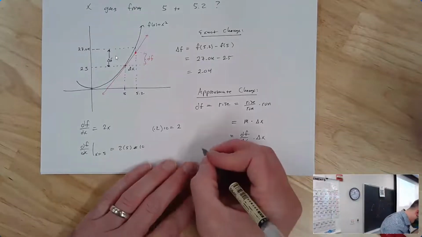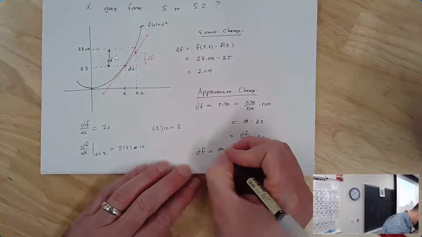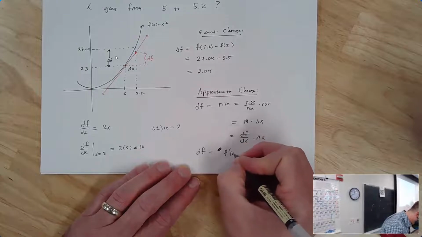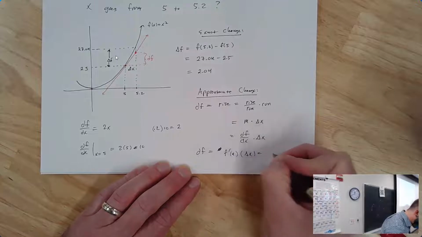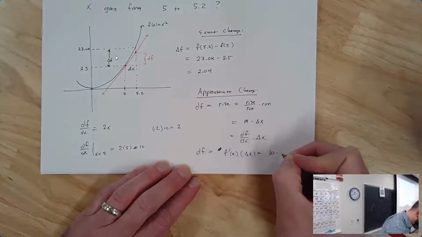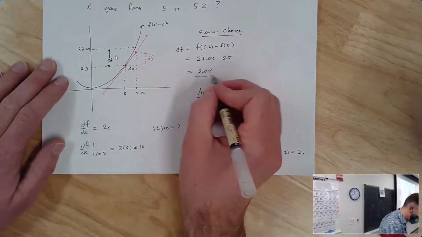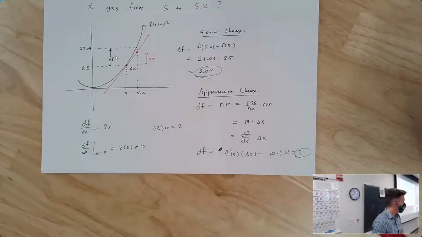So my dF is exactly my derivative, which you can write as dF dx, or f prime of a times your delta x, which is 10 times 0.2, which is 2. Notice those are pretty much the same. They're not exactly the same, but they're very close to each other.